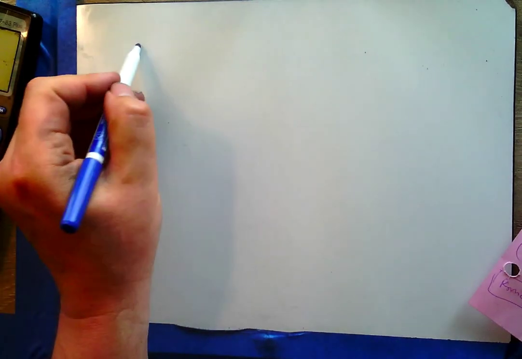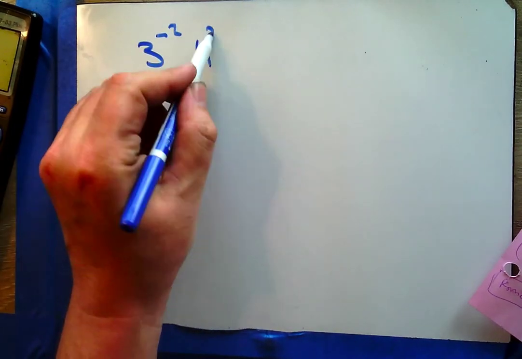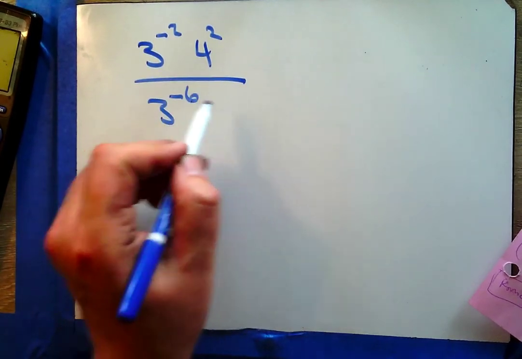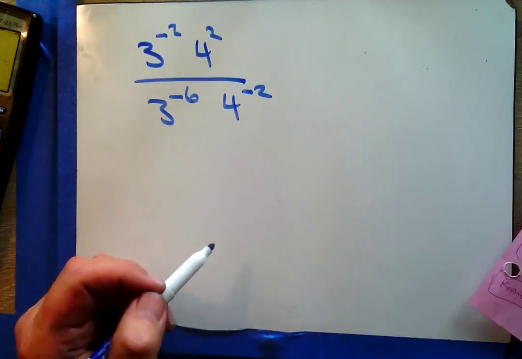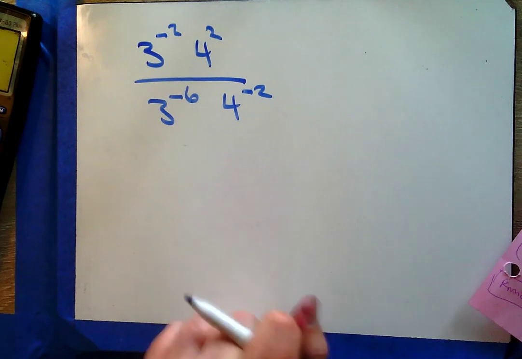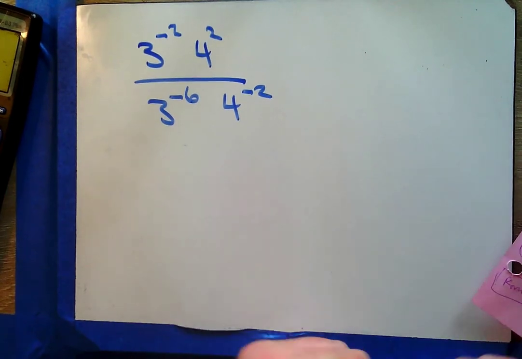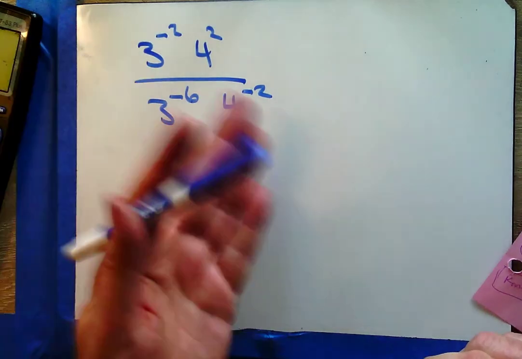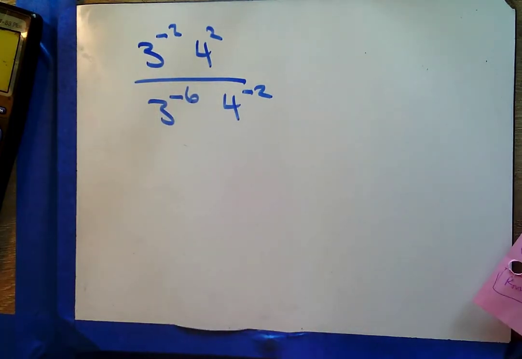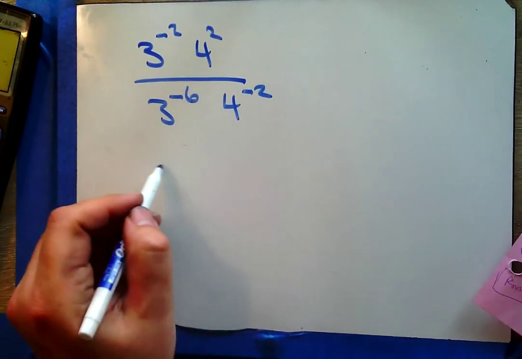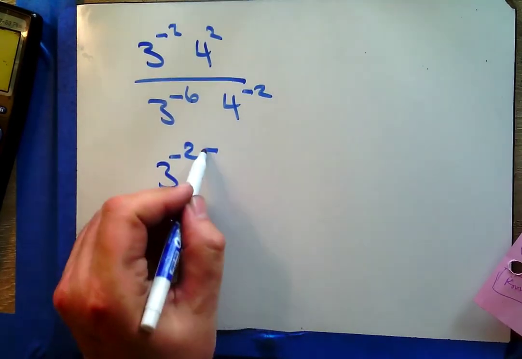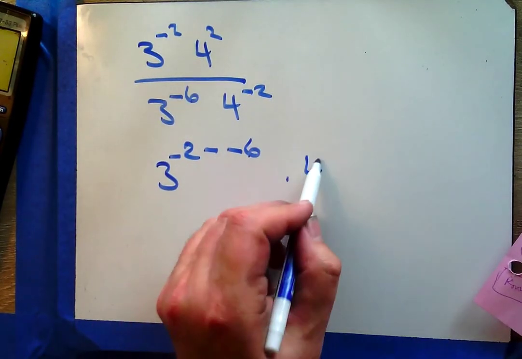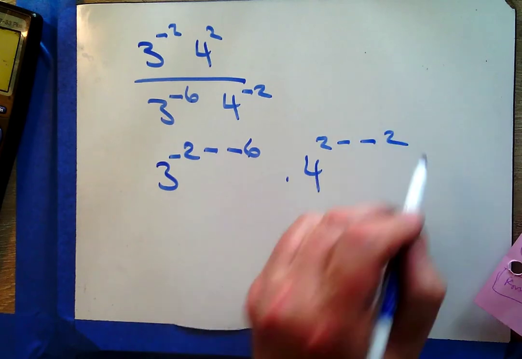Okay, so I've got 3 to the negative 2, 4 squared over 3 to the negative 6, 4 to the negative 2. Please simplify that expression. Look, you're all about moving those negative exponents. Now, you could just do negative 2 minus a minus 6 times 4 to the second minus a minus 2.